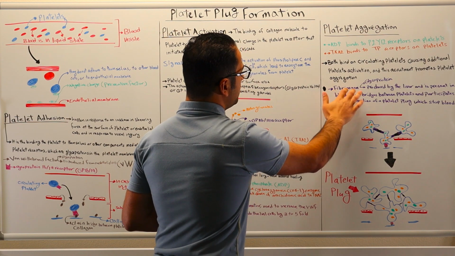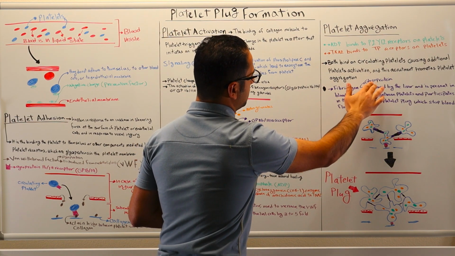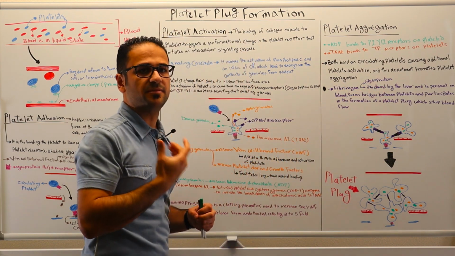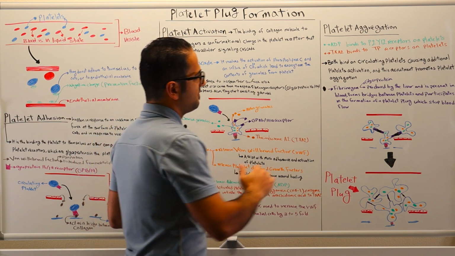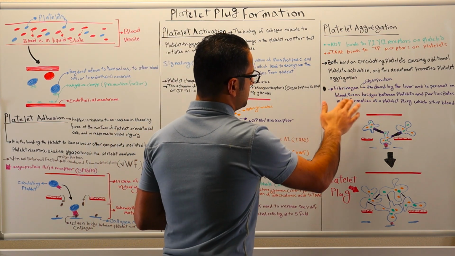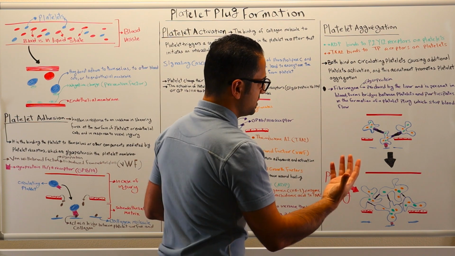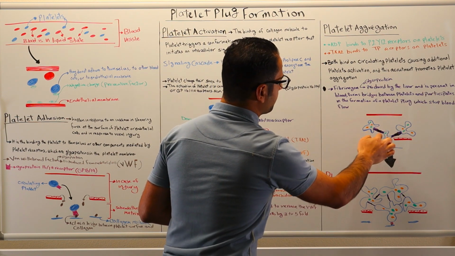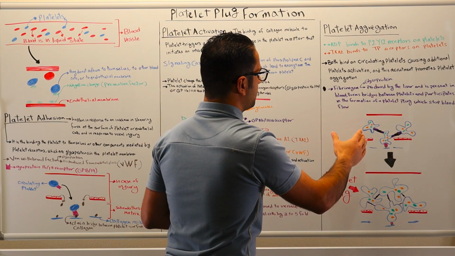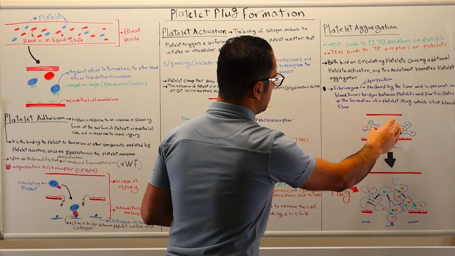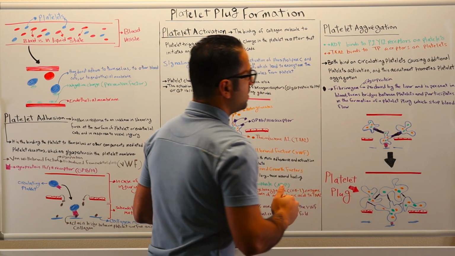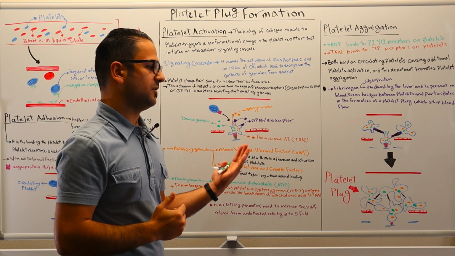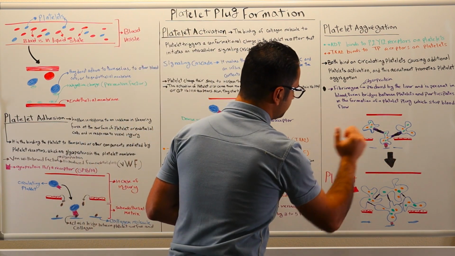We have fibrinogen, which is a glycoprotein produced from the liver. What this fibrinogen does is form a bridge or linkage between the platelets, which leads to participation in the formation of the platelet plug, which stops the bleeding from the injury site.